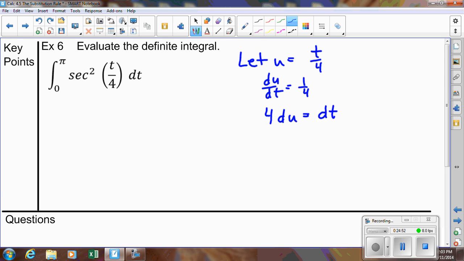And we would also know at the same time, if t equals 0 for the lower bound, that tells us u is also going to be 0. But if we use t equals pi, u is going to be equal to pi over 4.